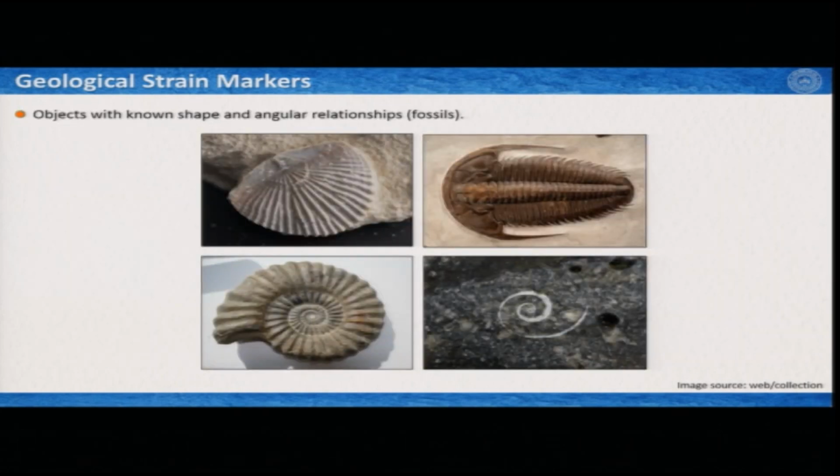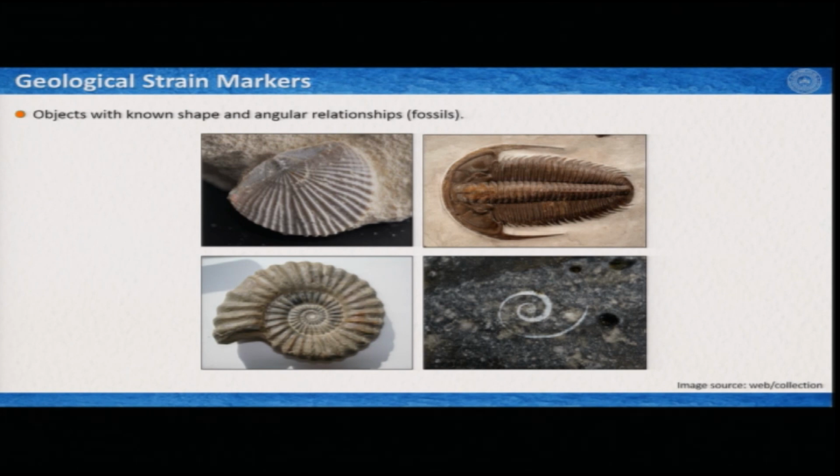And the next one is, of course, if you have some objects of known shape and their angular relationships, and here we mostly use fossils. The first one you see is an image of a fossil. The creature is a bivalve known as a brachiopod. This is an extinct one, and brachiopods were prolific on the earth in the Paleozoic time.